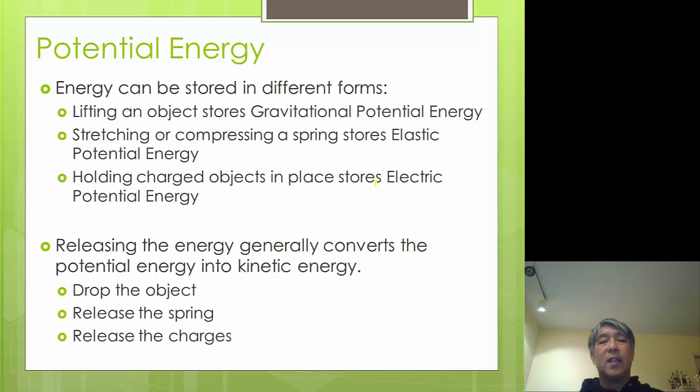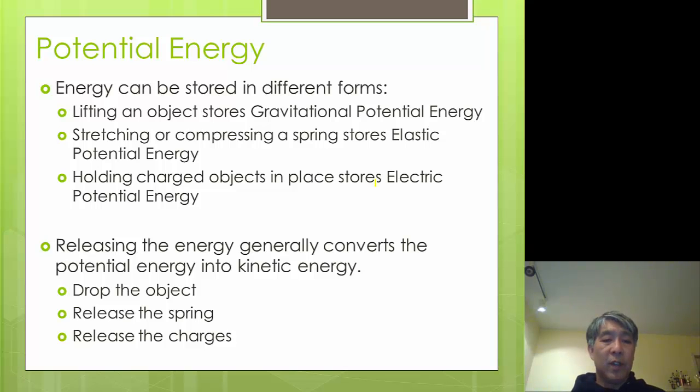Potential energy exists in different forms, okay? We have gravitational, elastic, and electric potential energy. We all talked about those last year. But in all of these situations, there has to be some external force being applied to the object that prevents that potential energy from being converted into kinetic energy. If I lift an object, my hand is holding it in the air.